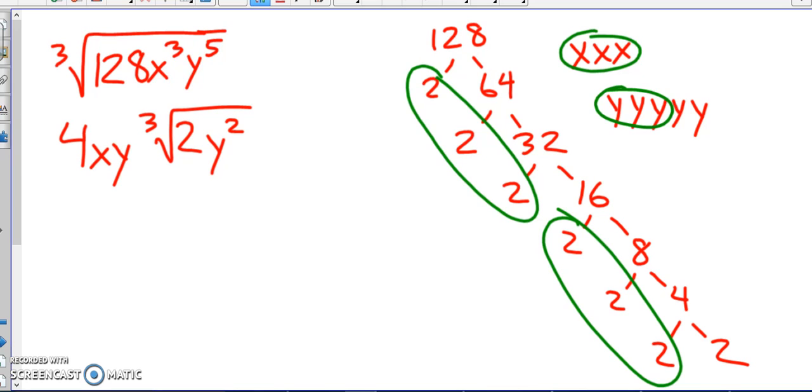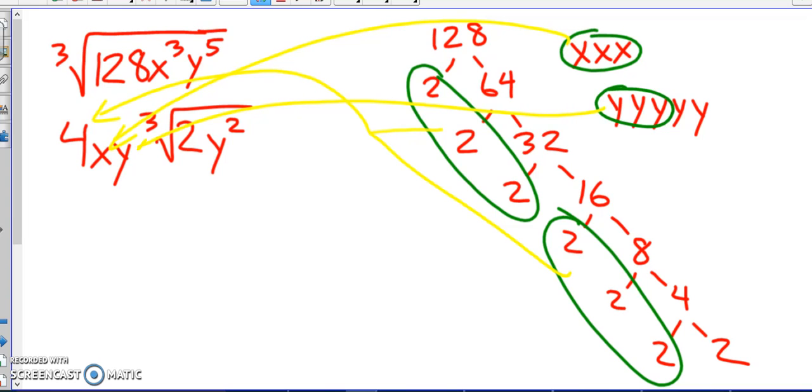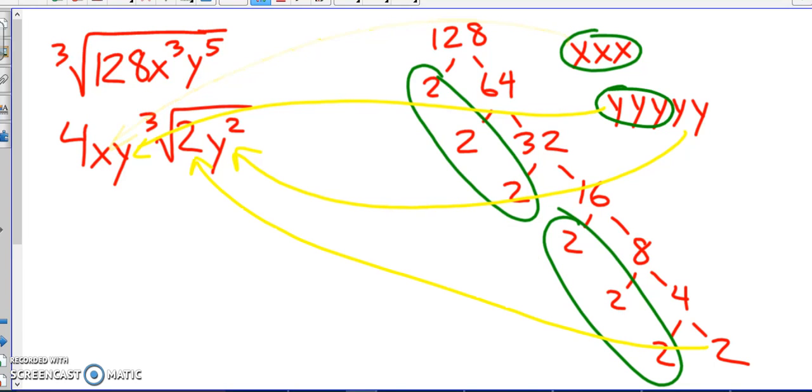There are no x's left over, so there are no x's that go underneath the radical. And just to make sure everybody's on the same page, this 2 and this 2 multiply to give you 4. There's your x. There's your y. And then those 2 y's give you your y squared. And that 2 is that 2 right there.